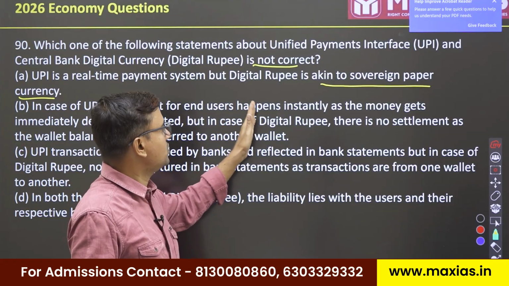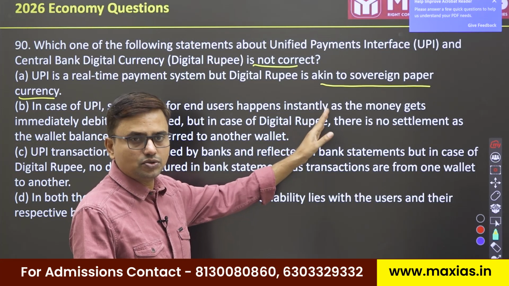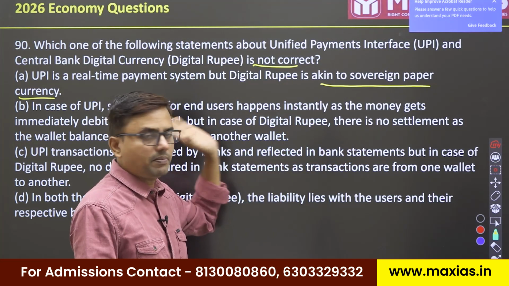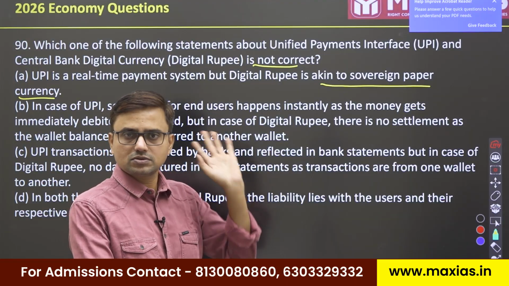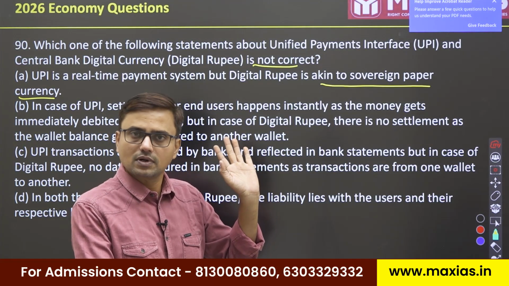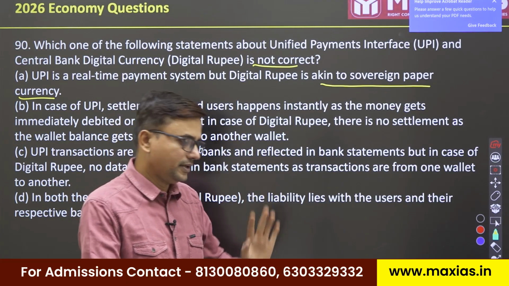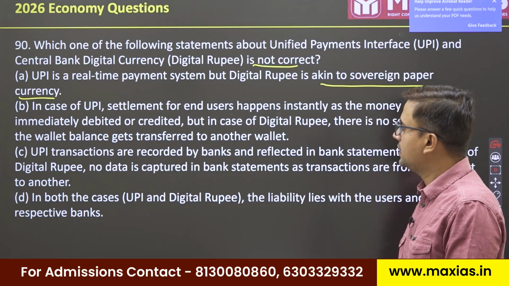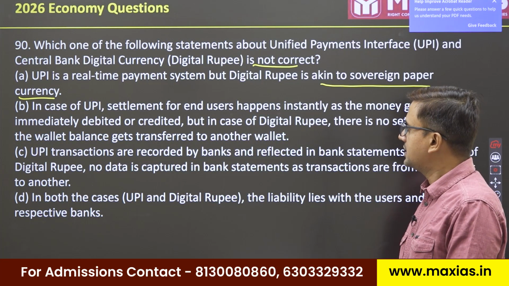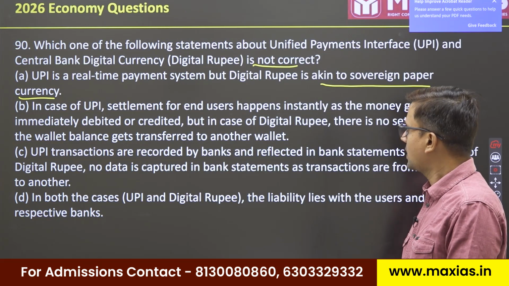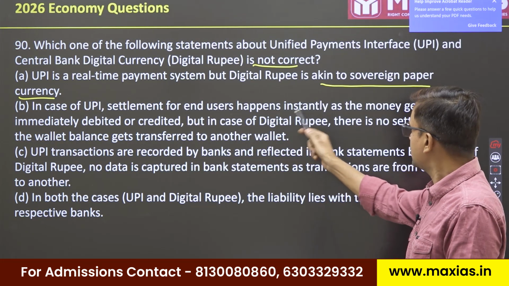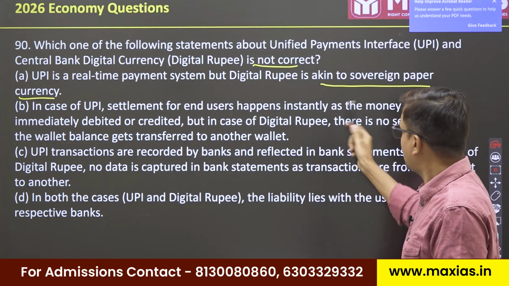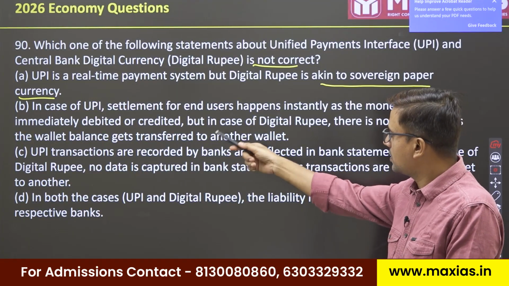Now, as I told you, the central bank digital rupee is akin, means similar, to sovereign paper currency. So, it is similar to paper currency. Okay. Statement B. In case of UPI, settlement for end users happens instantly as money gets immediately debited or credited.